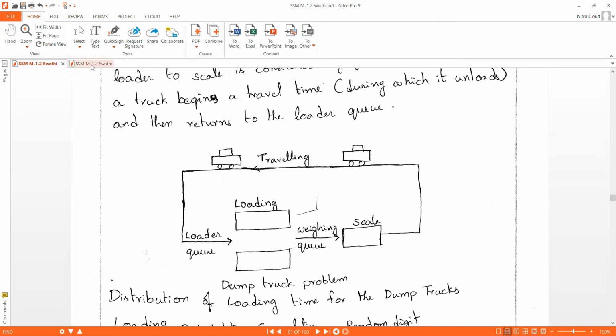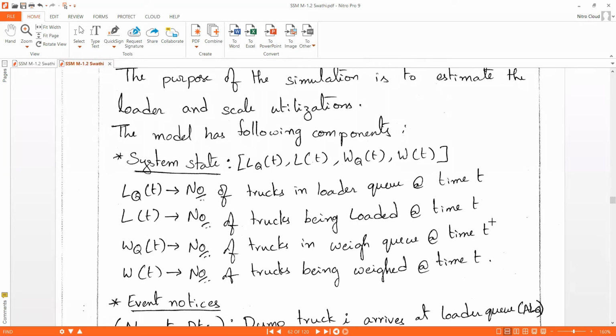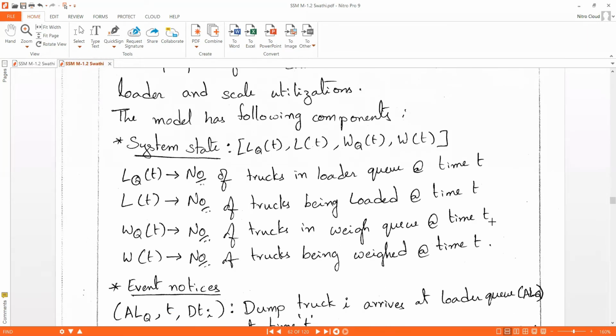Here we will see what parameters we need to consider. This dump truck problem has the following components. The system state has LQ(t), L(t), WQ(t), W(t). LQ(t) is the number of trucks in the loader queue at time t.